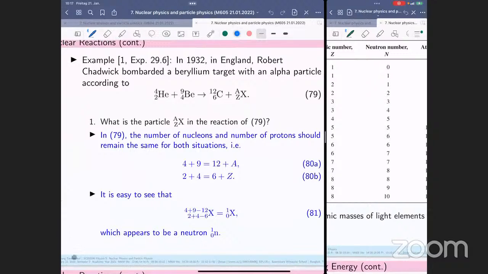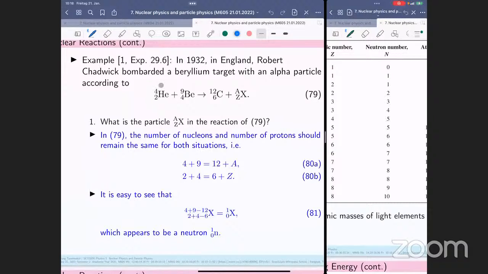Yeah, we need to balance that equation so that we could know what kind of element it is, right? In order to do this, we need to follow the rule that the number of nucleons remains the same.